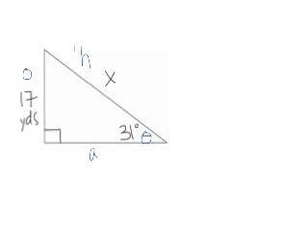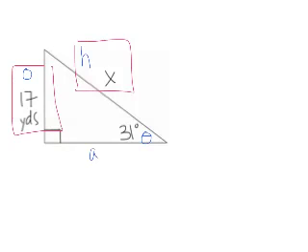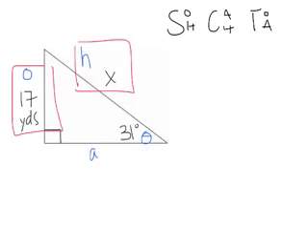I notice that I want to find things with my opposite and my hypotenuse. So if I recap and think of my SOH CAH TOA, I want to figure out something with O and H. So O and H, I'm thinking sine.